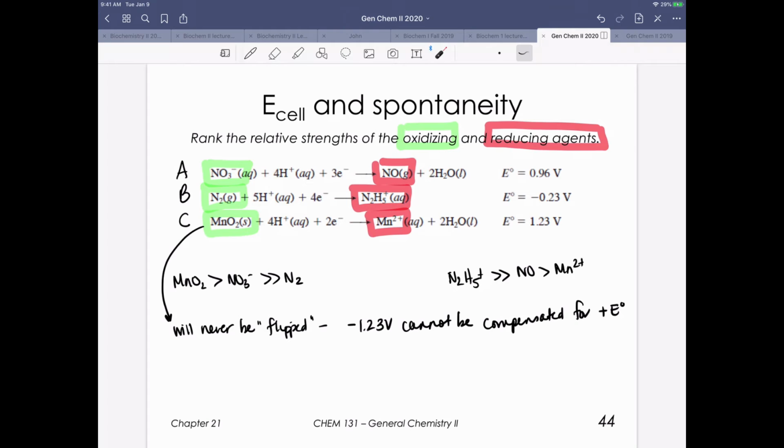We're never actually going to take C and flip it, because that would make this E minus 1.23. And neither of these reactions could compensate for that. So this reaction is always going to be in this direction. Okay? We can't flip it and then compensate for that negative 1.23 volts and end up with a positive E cell. Okay? So keep that in mind.